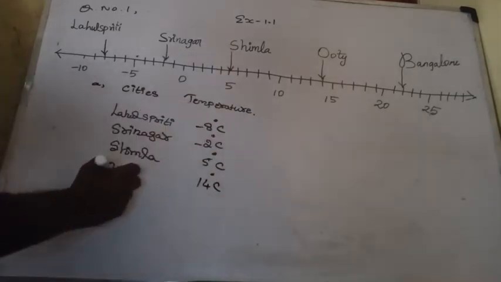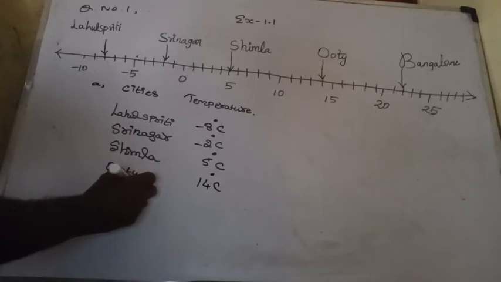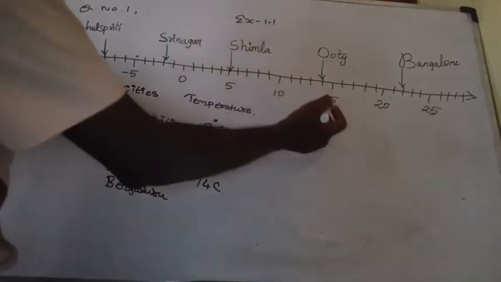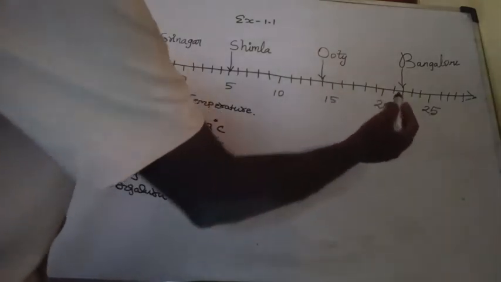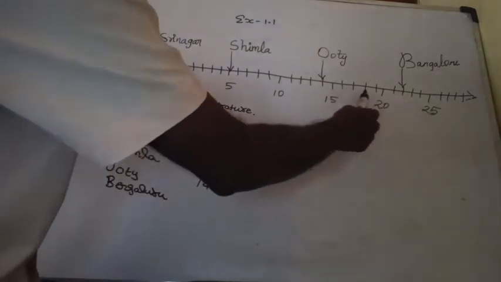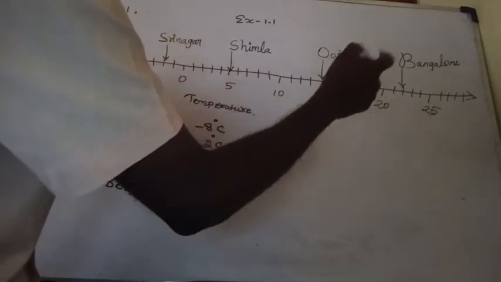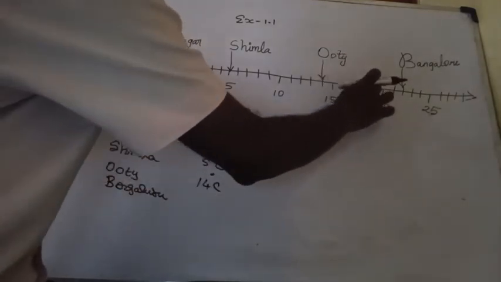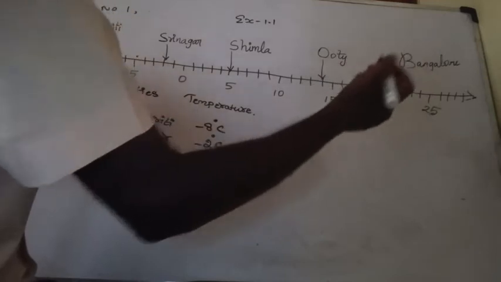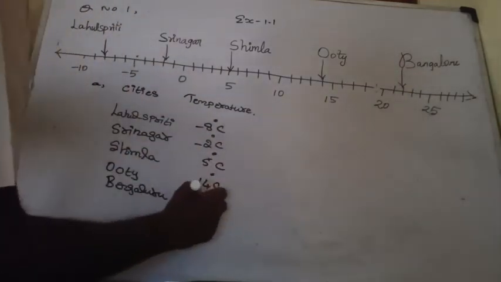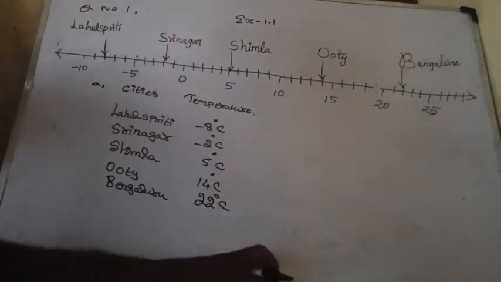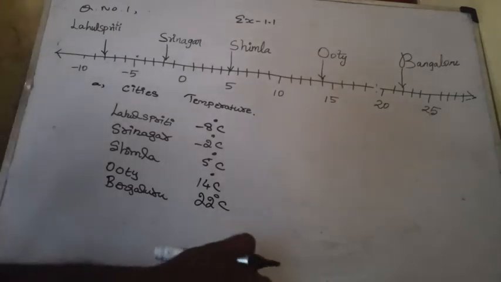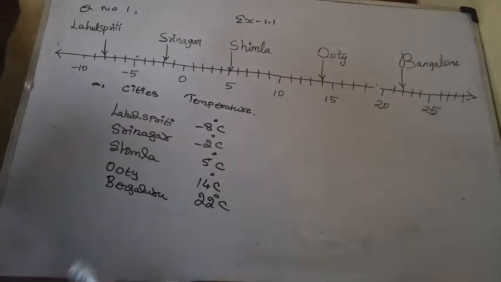And then Bengaluru. 15, 16, 17, 18, 19, 20, 21, 22. 22 degrees Celsius. Am I right here? So this is the first part of question number 1.